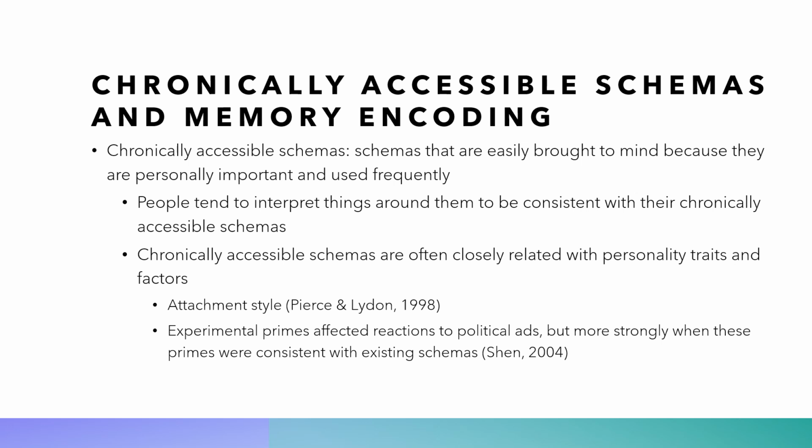Chronically accessible schemas are often closely related with personality traits and factors such as attachment style and political ideals. We talked about attachment style in our last lecture, I believe, and people with different attachment styles tend to approach situations and interpret information in ways that are consistent with how they actively believe attachment works.